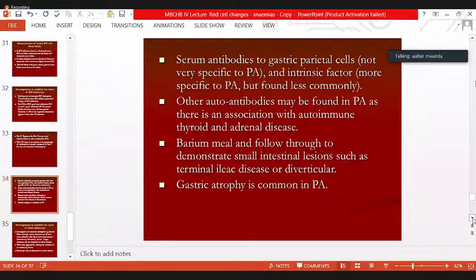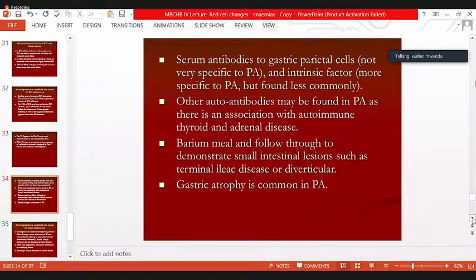Then we also follow through, look at the intestines, particularly the small intestines, the terminal ileum, and also the presence or absence of diverticula. The diverticula are out-pockets of the small intestine, which tend to harbor microorganisms.